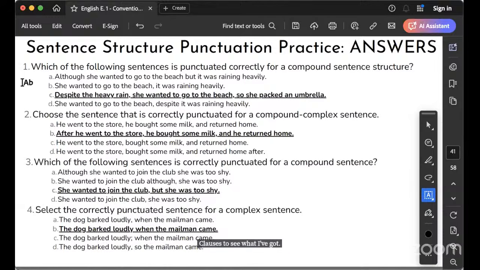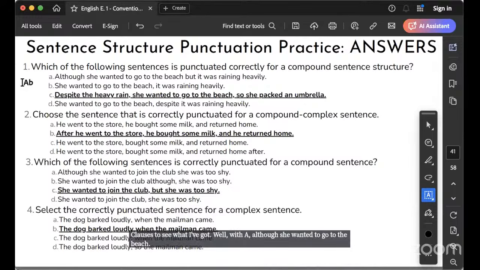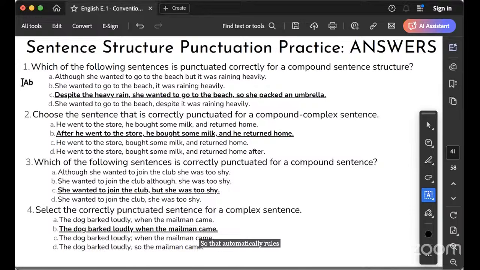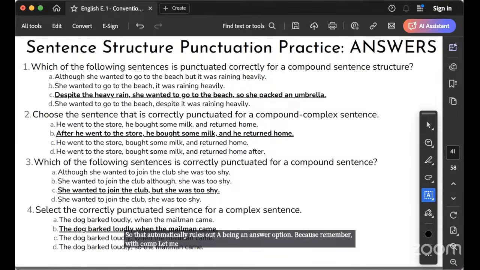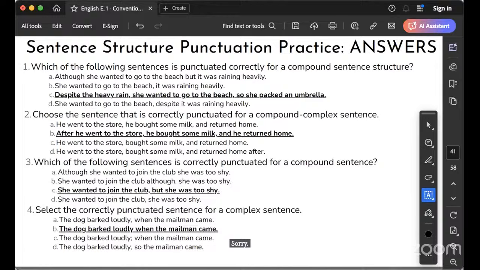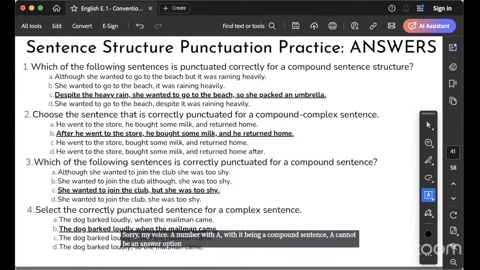Well, with A, although she wanted to go to the beach, that's a dependent clause. So that automatically rules out A being an answer option. Sorry, my voice. With it being a compound sentence, A cannot be an answer option because it's got a dependent clause in it.